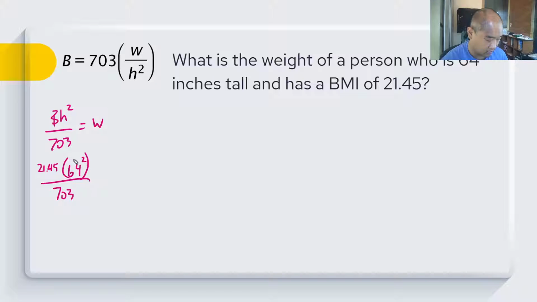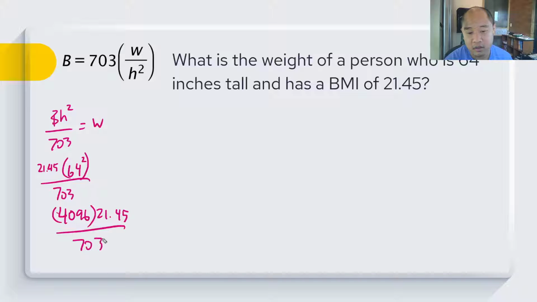All right. 64 squared is 4,096. Multiply that by 21.45. And that equals 87,859.2 over 703.